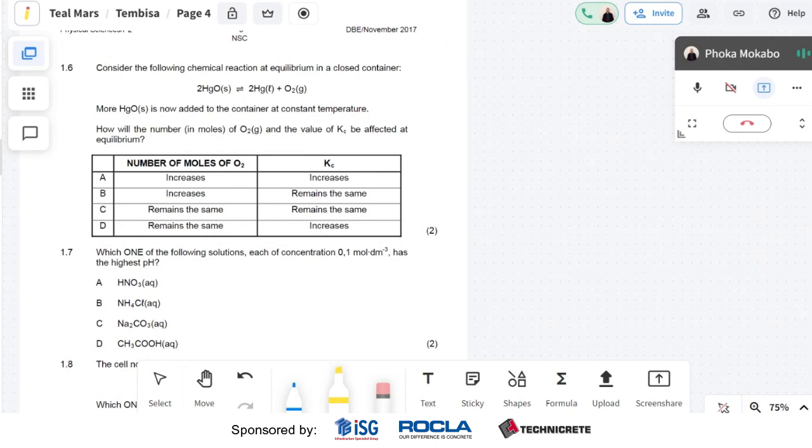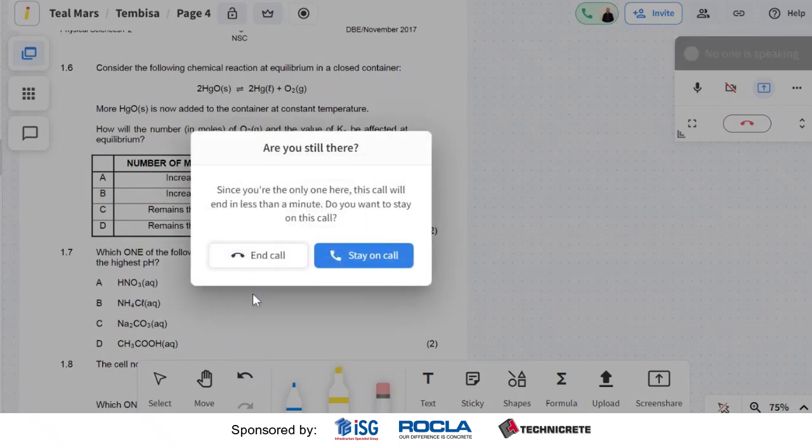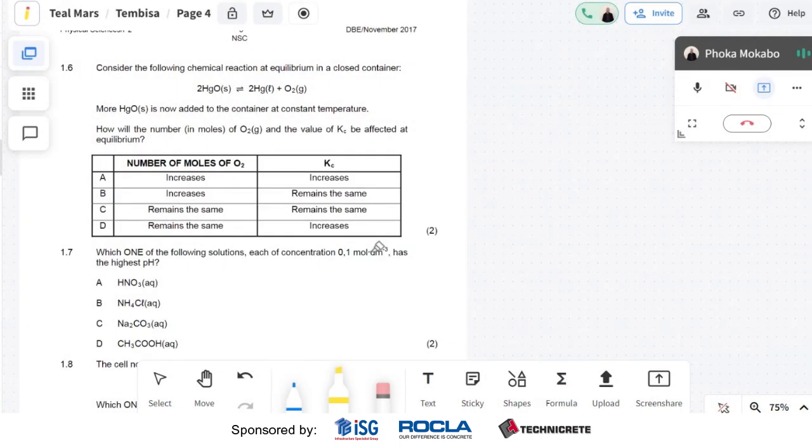Now that cuts down our options to it either being B or C. It's either B or C, and the only difference really is whether or not the number of moles of oxygen gas will increase or remain the same.